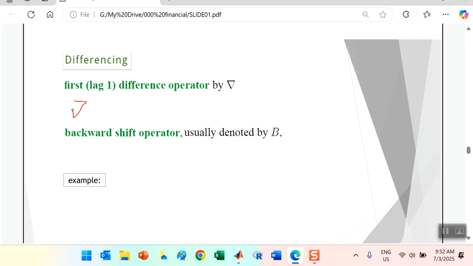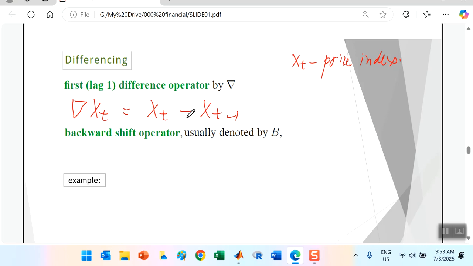If you operate this on a series, let's say Yt or Xt, then you end up with Xt minus Xt minus 1. I think this is something you're quite familiar with as a finance student. If Xt is the price index, then you have the changes of the price index here.